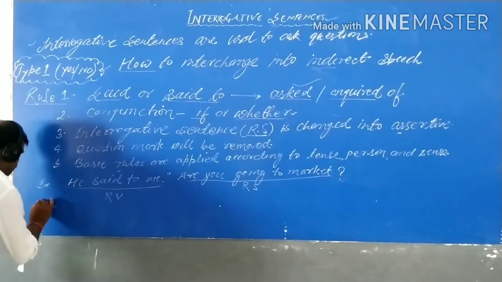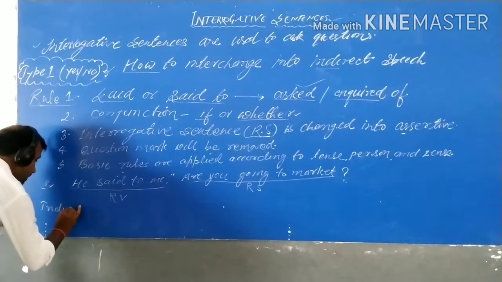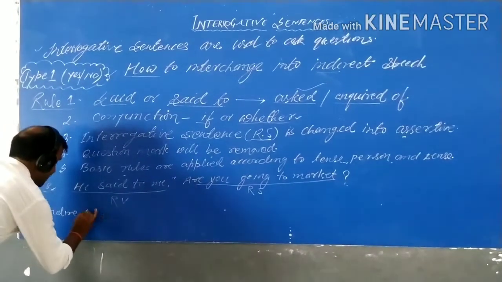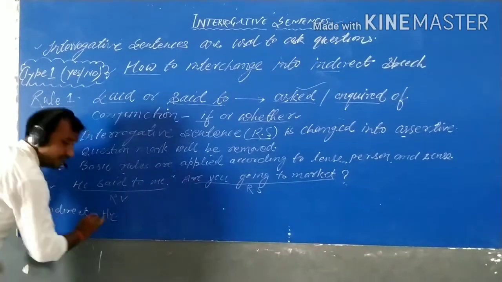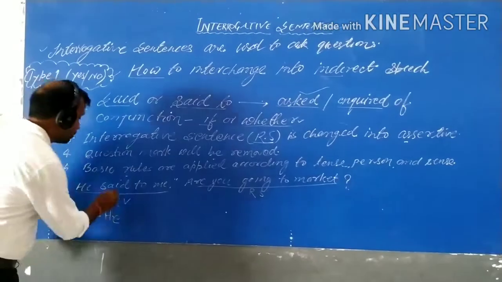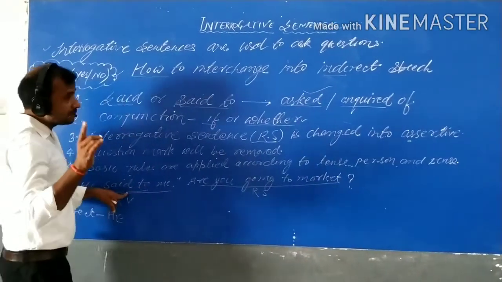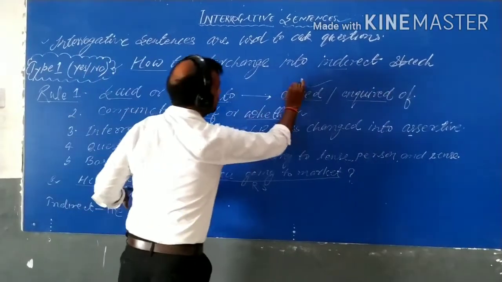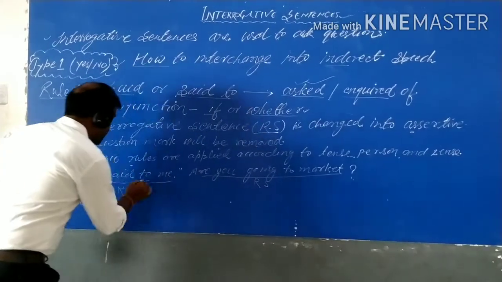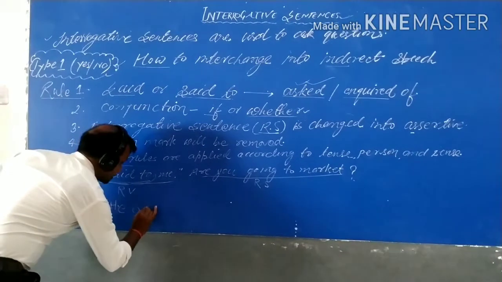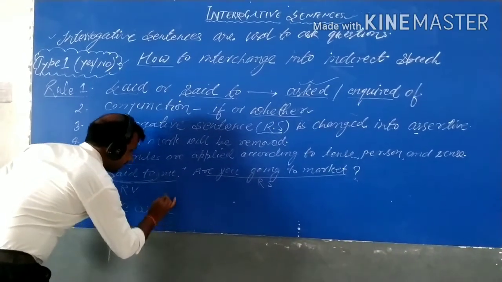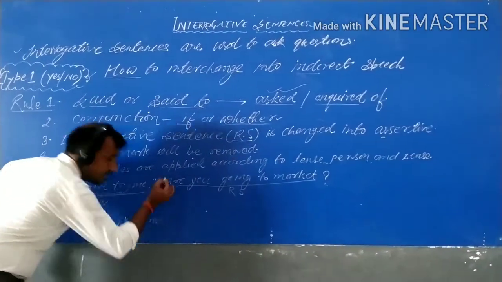So when you want to change into indirect speech, then we have to write here he said to. Said to will change into asked. Then you just have to apply asked at the place of said to. Now me, which is written as usual.